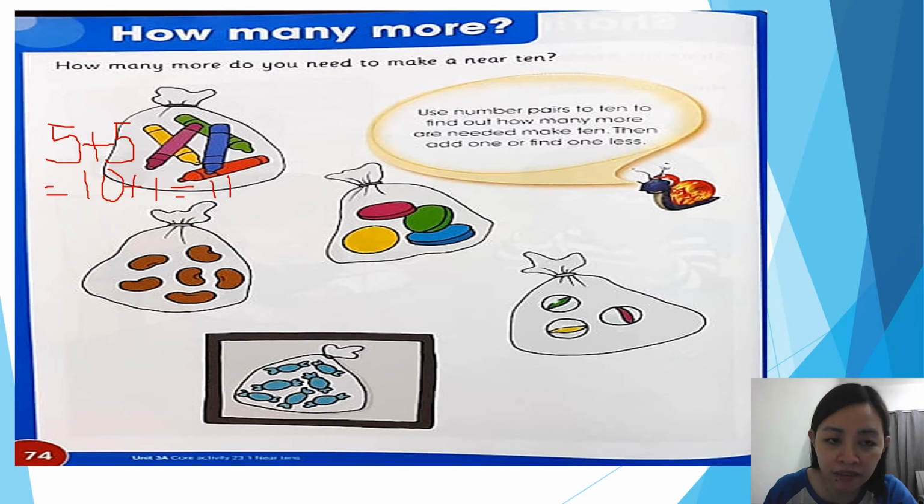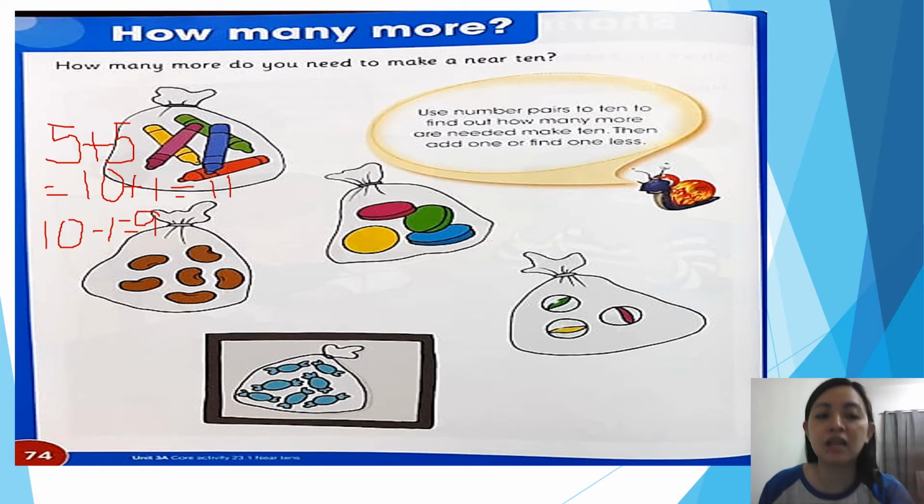What if I remove 1 from 10? Let's say, for example, 10 less 1. What will be the answer? Okay, it is 9. So observe, kids, that we have 5 colors and we added 5 to make 10.